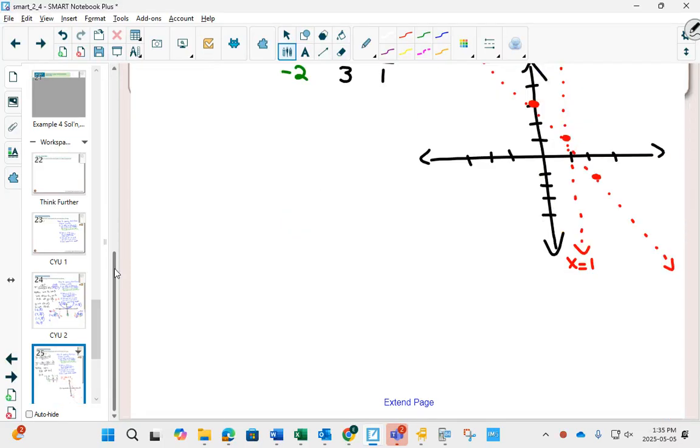And again, even though the oblique asymptote looks like it separates it into a third section, it's only your vertical asymptotes that break your graph into different sections for the domain.